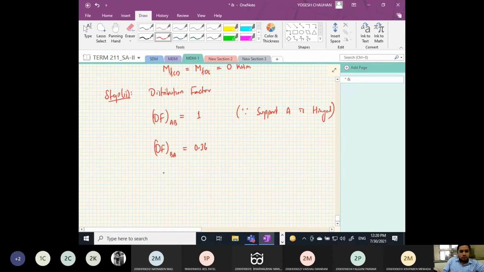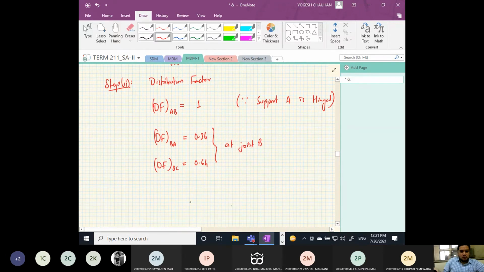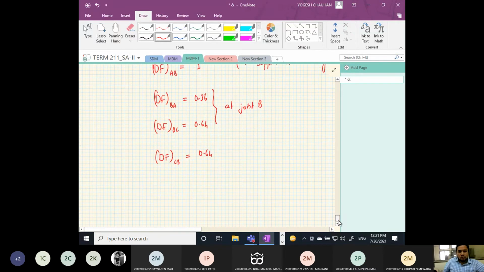Okay. And the distribution factor for BC is equal to 0.64. These are at joint B. Similarly, the distribution factor for CB will be equal to 0.64, and the distribution factor for CD will be equal to 0.36.